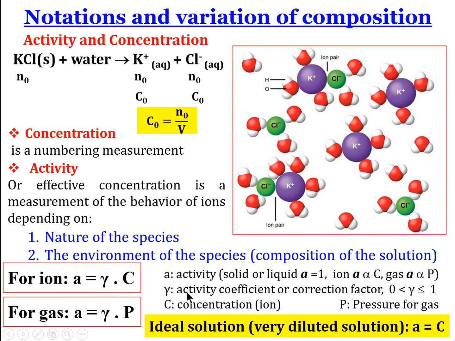Gamma is the activity coefficient and can be calculated according to the condition of the dissolution. We call gamma the correction factor, and this value of gamma is between 0 and 1.